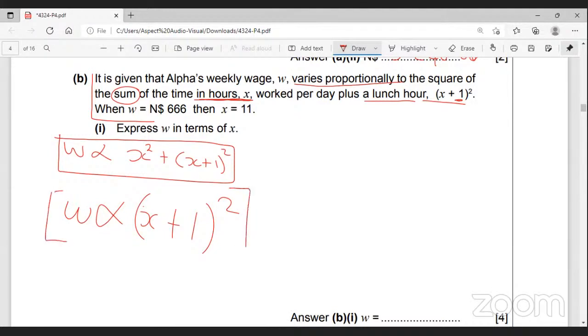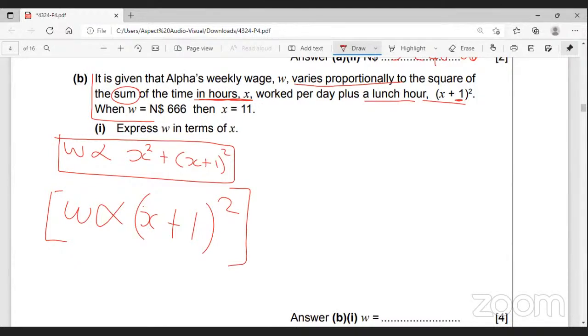No, I disagree. Why? What happens to the x squared, sir? The question is even saying it's work per day plus a lunch hour. Okay, let's start again.